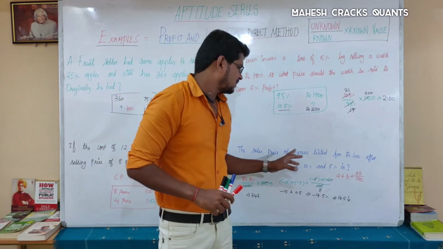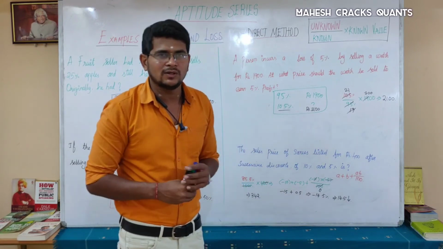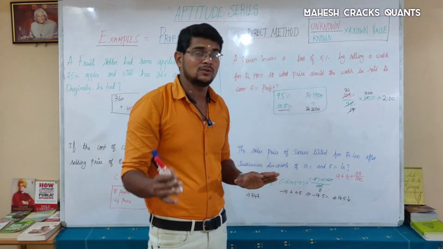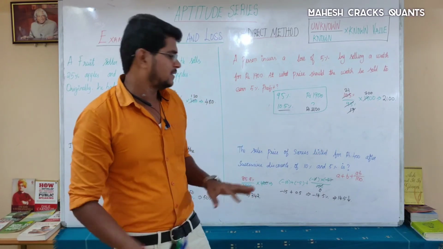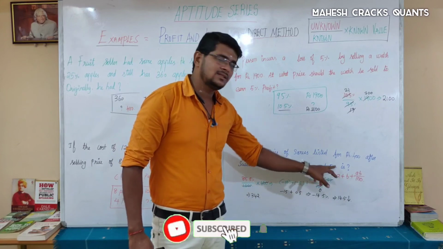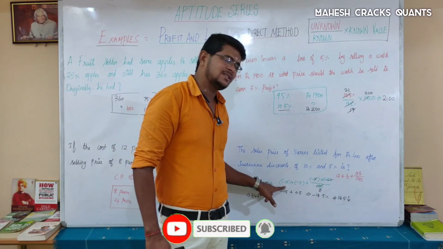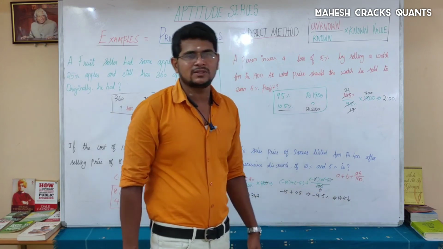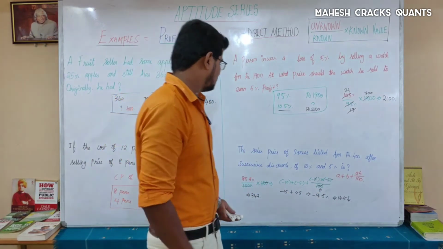So that saree must be sold for 342 after successive discounts of 10% and 5%. If it says discount, you have to reduce. Reduce means decrease. Decrease means minus. So successive minus. There is a formula for successive. We know that A plus B plus AB by 100.